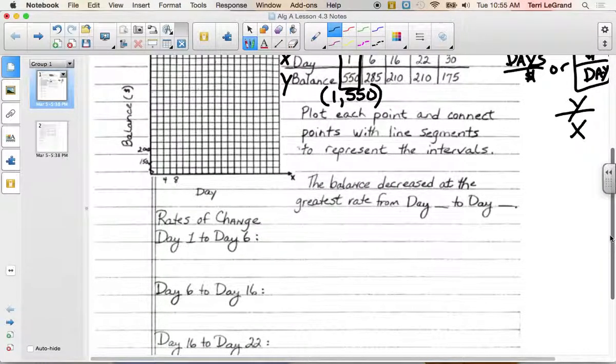Okay, so notice how nice I was. I already picked the x value for you. I said days are going to go on the x-axis. What scale am I using on the x-axis for this? This is really important also. It's going by twos. This one is really a 2 here. I just didn't write the 2, did I? Because the numbers are going to be so close together, I'm going to skip writing some of the numbers, but that does not mean that grid line does not represent that number.